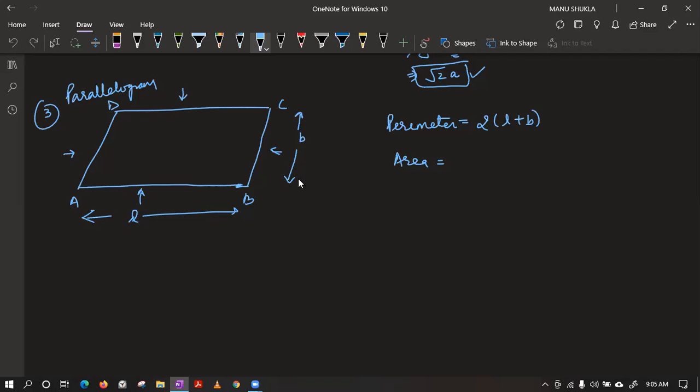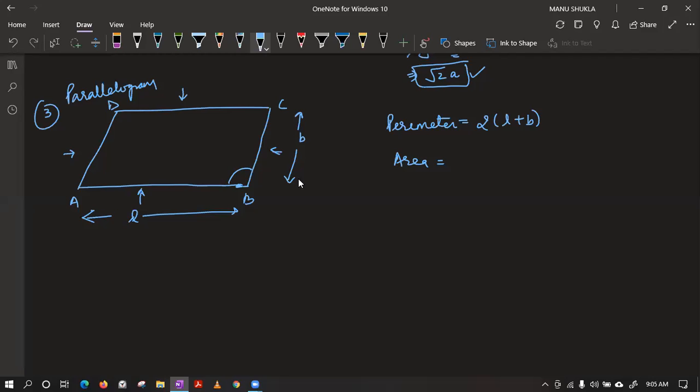In the case of a rectangle, we have seen the area was simply L into B. But in this case, we can't say so. What is the reason behind that? The reason is this angle. This angle you can observe is not 90 degrees.